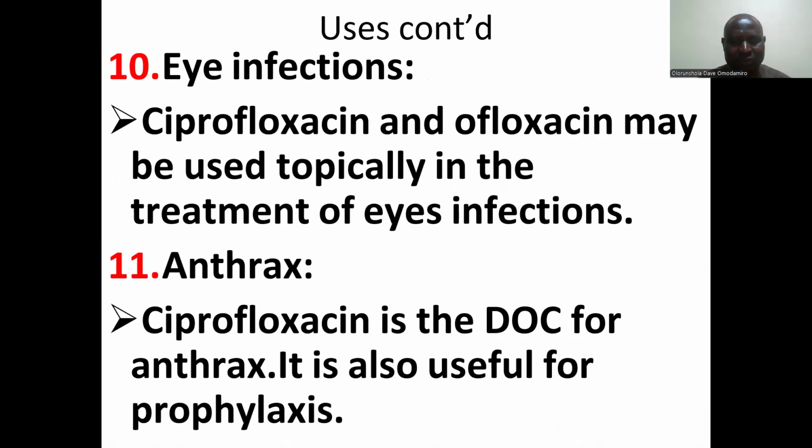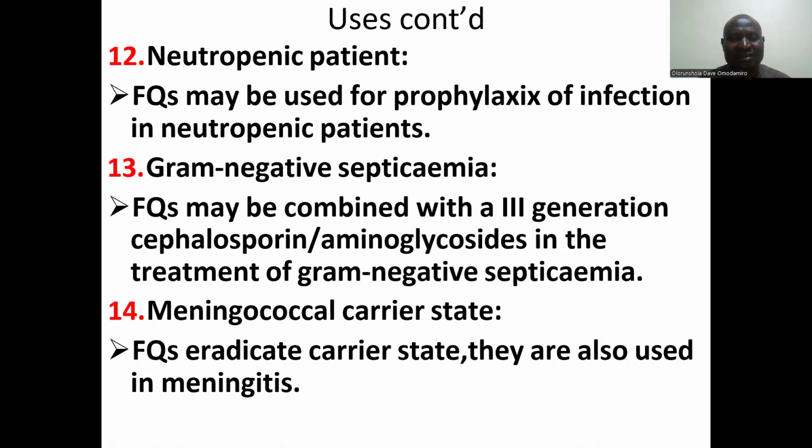It's also useful for prophylaxis. In neutropenic patients, fluoroquinolone may be used for prophylaxis of infection, gram-positive and gram-negative septicemia. It may be combined with other drugs, and it has also found use in the meningococcus carrier state.